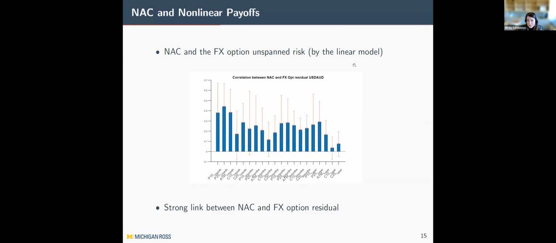And this is unspanned risk by the linear model, meaning that first we take these FX option returns, we do a regression on the components of the linear model, take its residual, and look at the correlation between the residual and the NAC. And I'm plotting here this correlation between the nonlinear arbitrage correction and this FX option residual for the US dollar, Australian dollar pair.